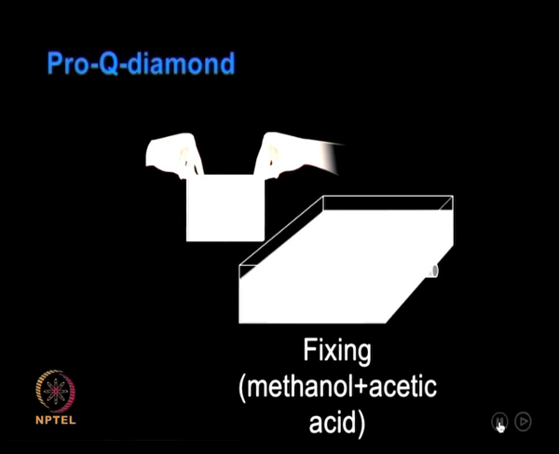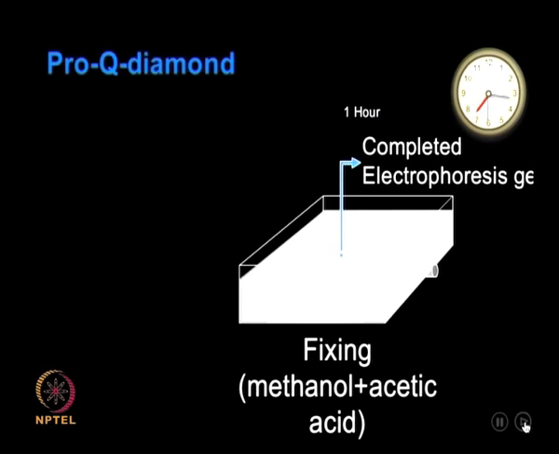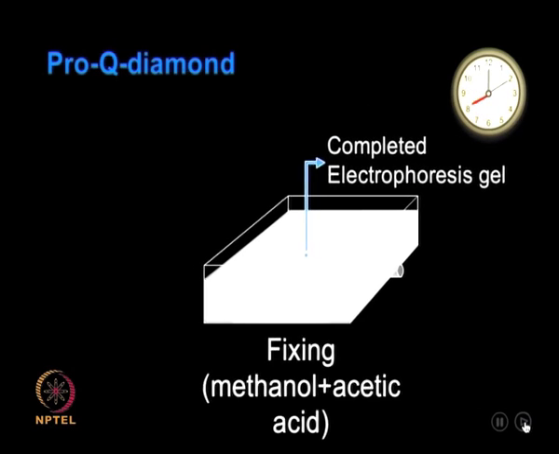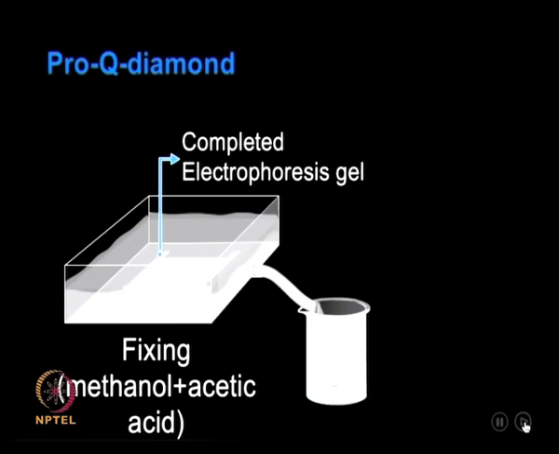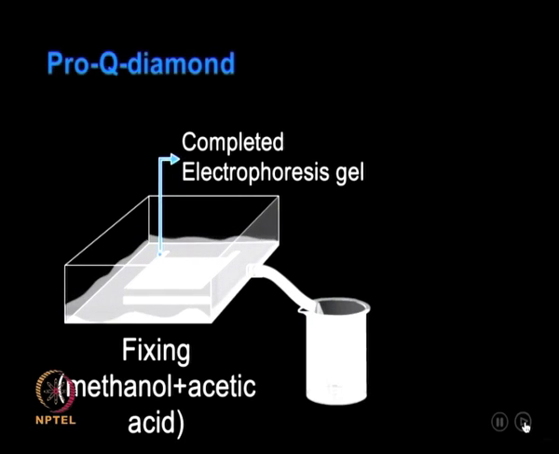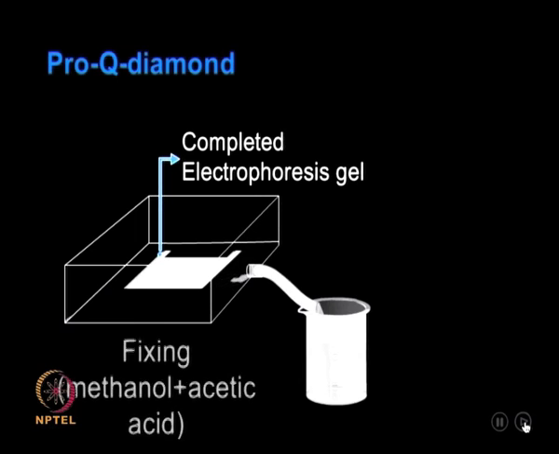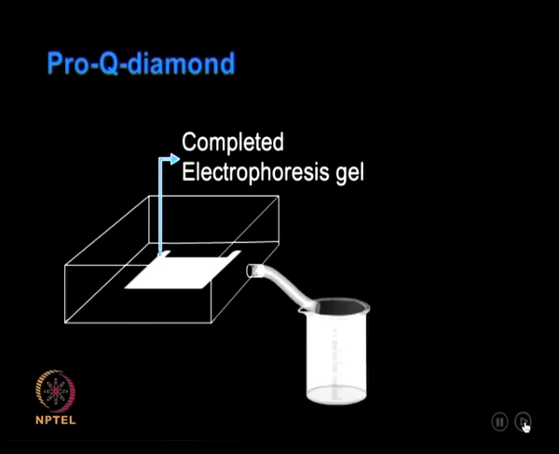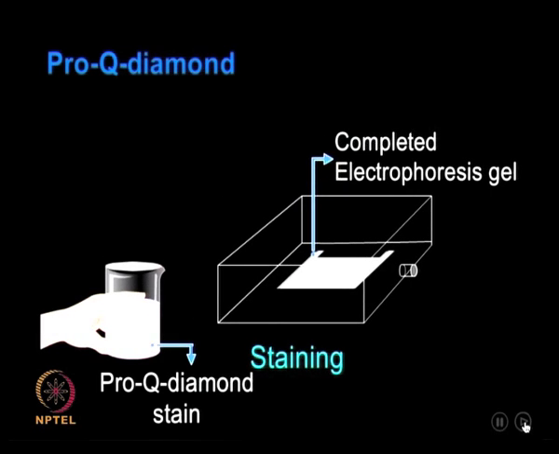Pro-Q Diamond is a very useful staining technique for detection of phosphoproteins, and when used in combination with SYPRO Ruby Red, it also provides a very comparative profile of total protein content and phosphoprotein content. The first step is to perform the fixation, followed by addition of Pro-Q Diamond stain.